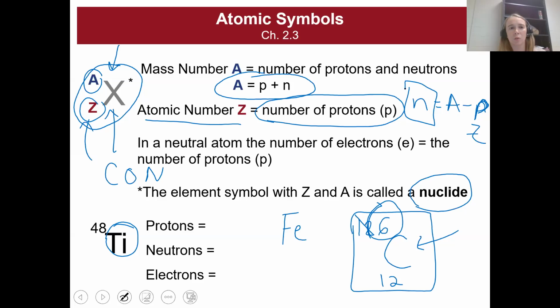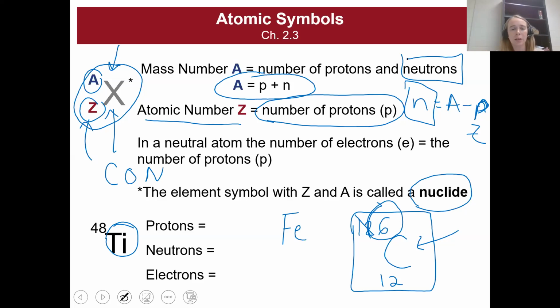So the bottom number, the atomic number, tells you exactly the number of protons. You don't have to do any math to figure that one out. But the mass number tells you the number of protons and neutrons, so you do have to do a little math to figure out the number of neutrons by themselves, okay?